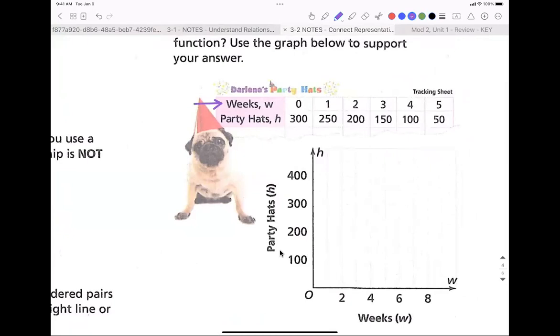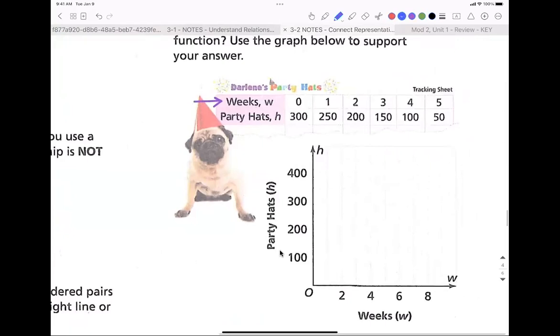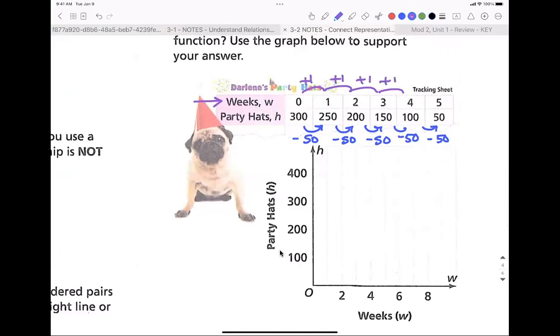Now we're going to decide, is it linear or nonlinear? Well, how do you do that? First, you look at your Y's. How do they change each time? They go down 50 each time. You can see a pattern. That's constant, so we're good so far. Now look at your X's. What do they do each time? They go up by 1 each time. That's constant.